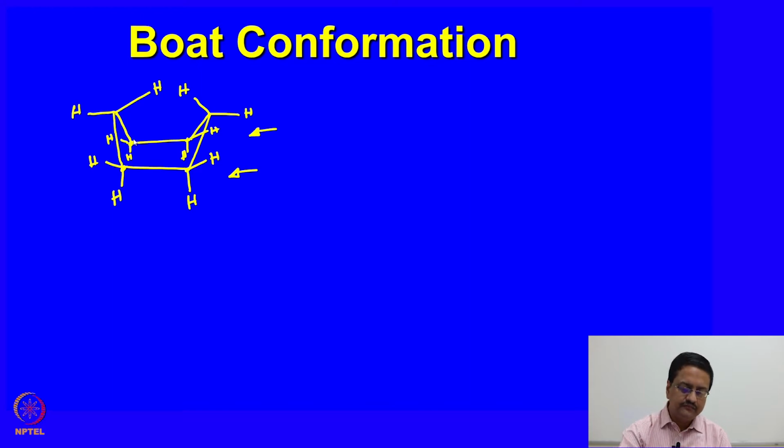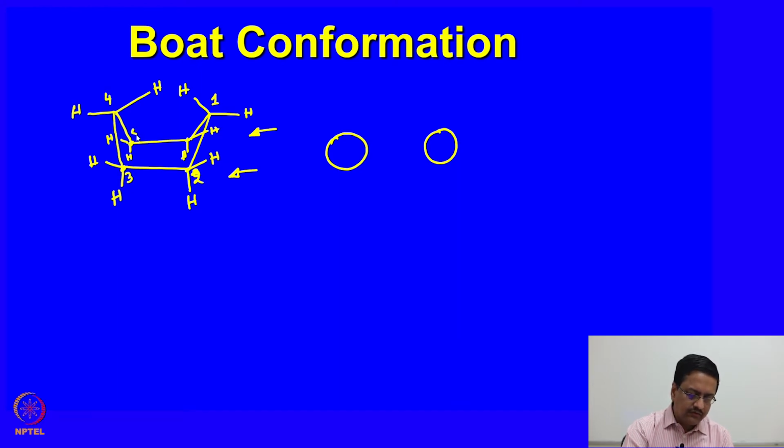Newman projection. What we draw here are the two carbon atoms through which we are looking. If we number them as 1, 2, 3, 4, 5 and 6, this carbon that we have here is carbon number 2, the back carbon is 3, here the back carbon is 5 and the front carbon is 6.